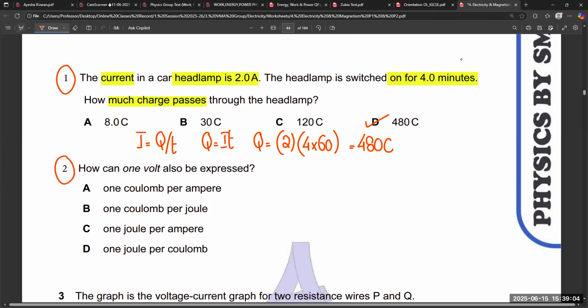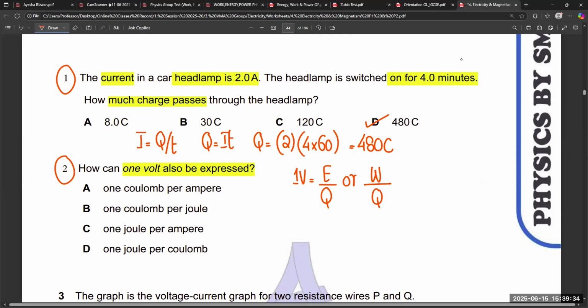And what about question number 2? 1 volt can also be expressed as what? 1 volt means we are talking about the unit of voltage. So we discussed that 1 volt can be energy per unit charge or work done per unit charge.